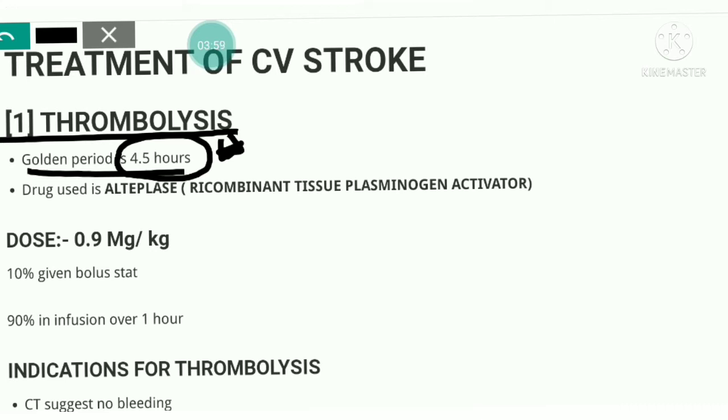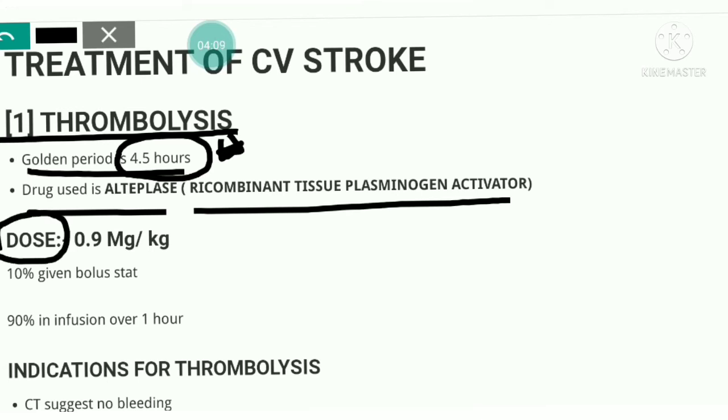Now, how can we thrombolyze the patient of ischemic CV stroke? The drug used is alteplase, which contains recombinant tissue plasminogen activator. Now, what is the dose of alteplase? Dose is 0.9 mg per kg. We have to multiply the weight with 0.9 to get the actual dose.